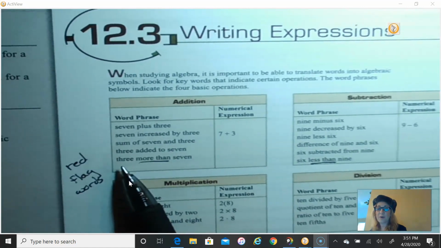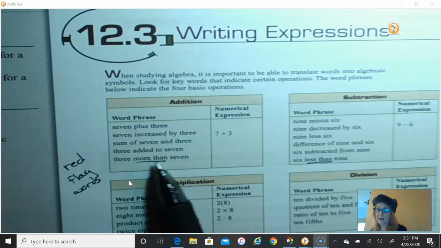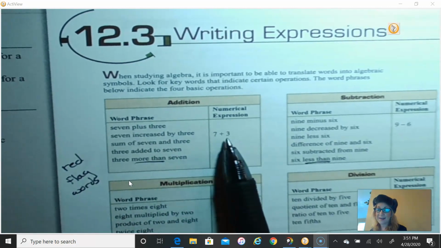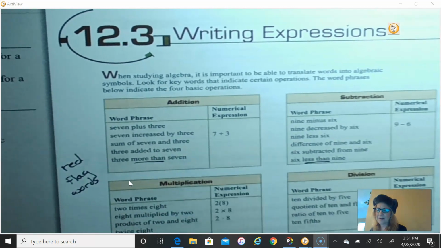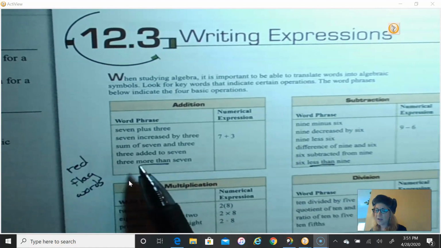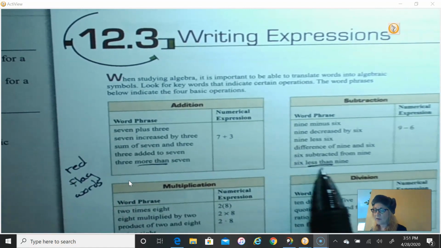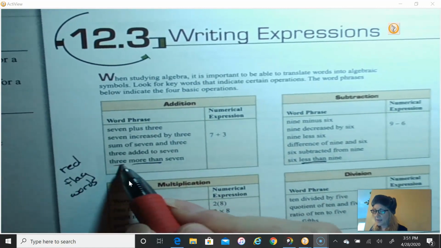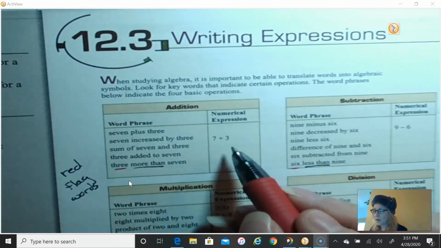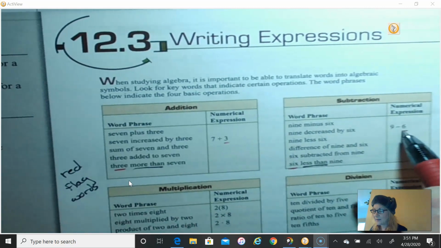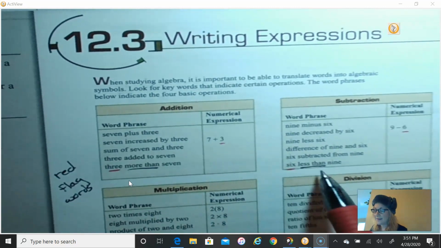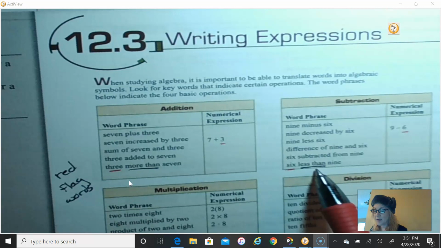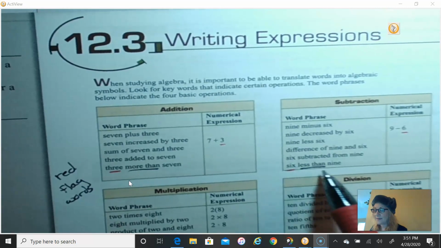Whatever word is before the more than goes at the end. So whenever you see more than or less than, that number at the beginning goes at the end. You see that? 6 less than 9.